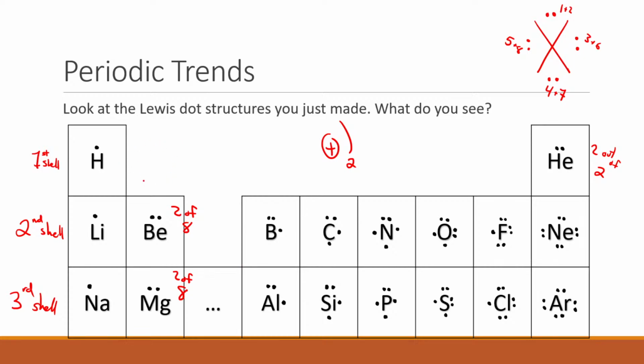Helium doesn't really fit here because it doesn't match the rest. It has 2 of 2, not 2 of 8. It's got a full shell, so it should hang out over here with the other elements that have full shells.